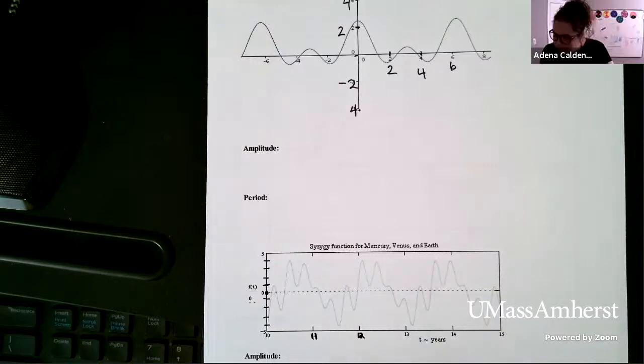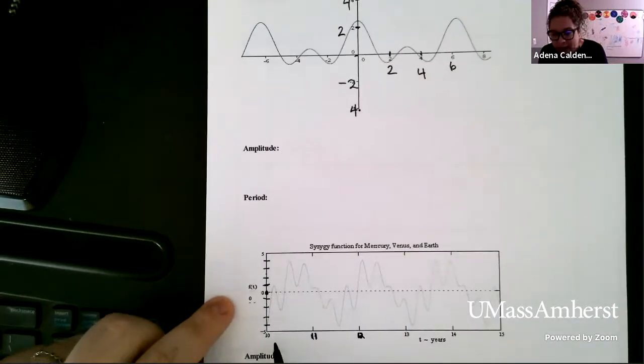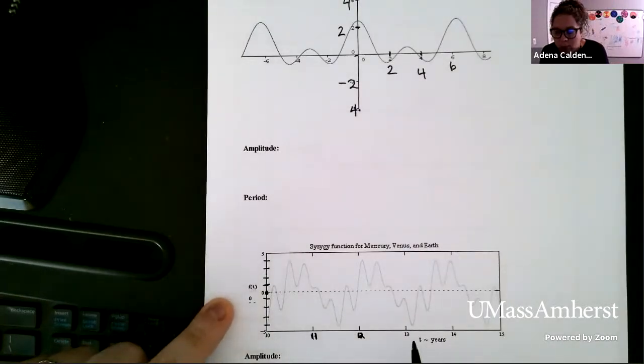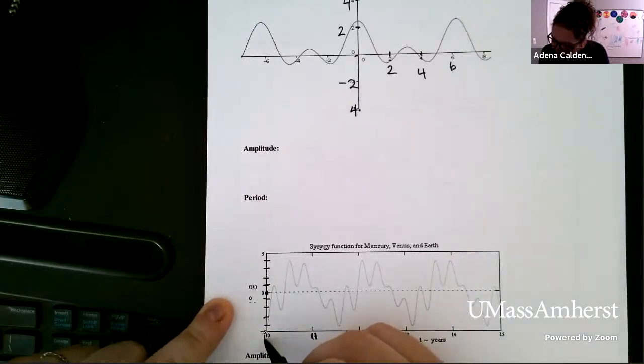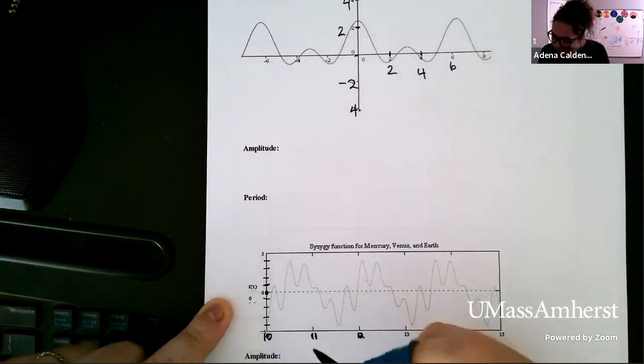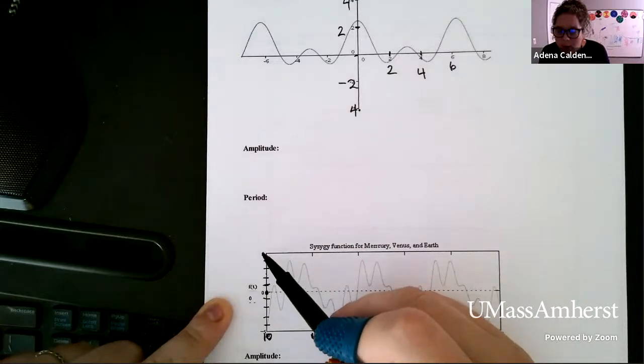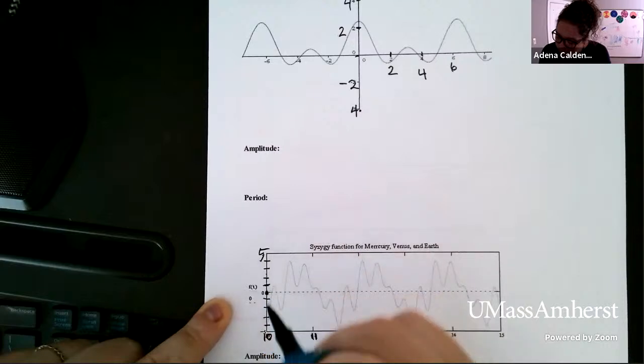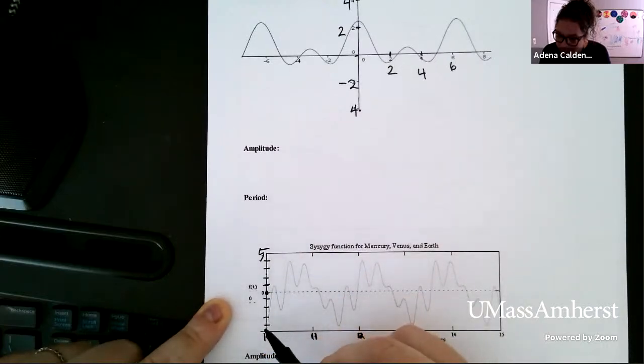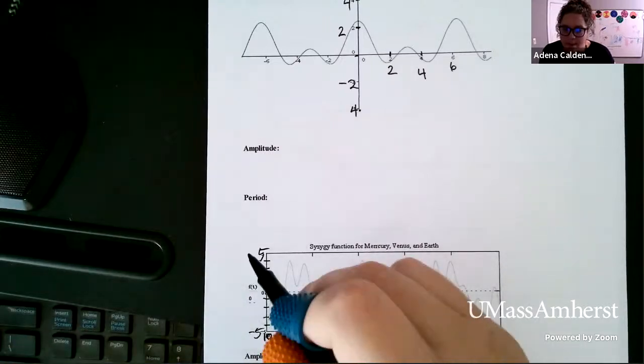On the bottom axis, try your best. This is 10, 11, 12, 13, 14. I don't know if you can see that; I tried to darken them up a bit. And then here we're just counting by 1s. So 1, 2, 3, 4, 5, and then -1, -2, -3, -4. And this will be -5 in this scale.